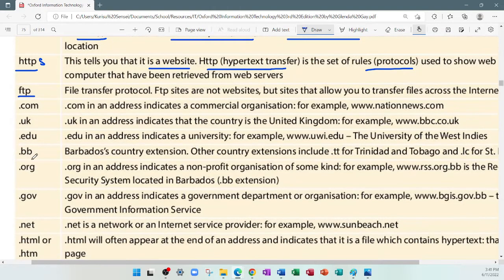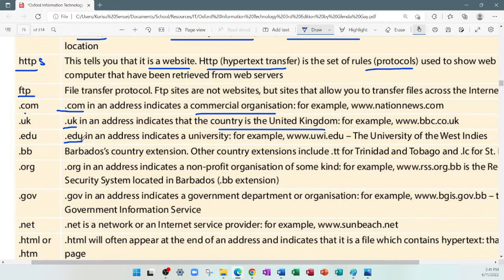Now, at the end of the website, you're going to see .com, .uk, .edu, .bb, .org. Those are used to identify the purpose of what you're accessing. If you see a .com, it means a commercial organization. A .uk means the website belongs to somewhere in the United Kingdom.